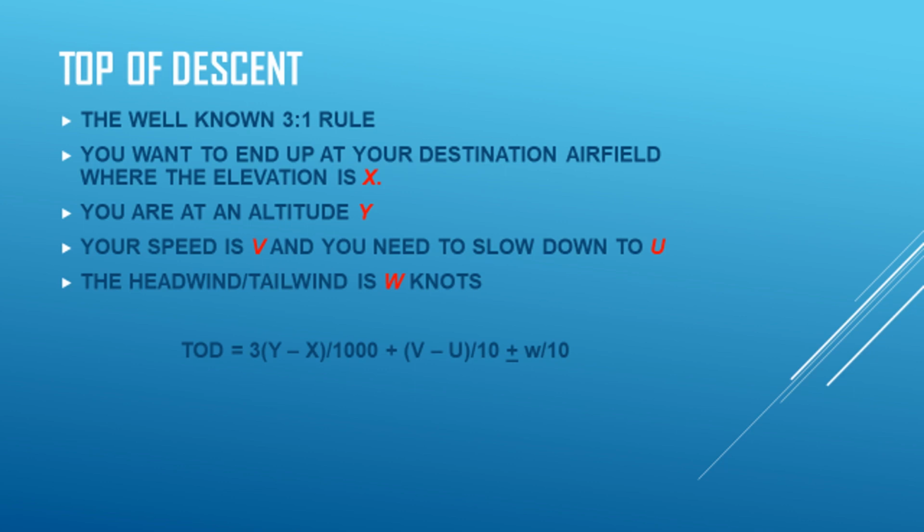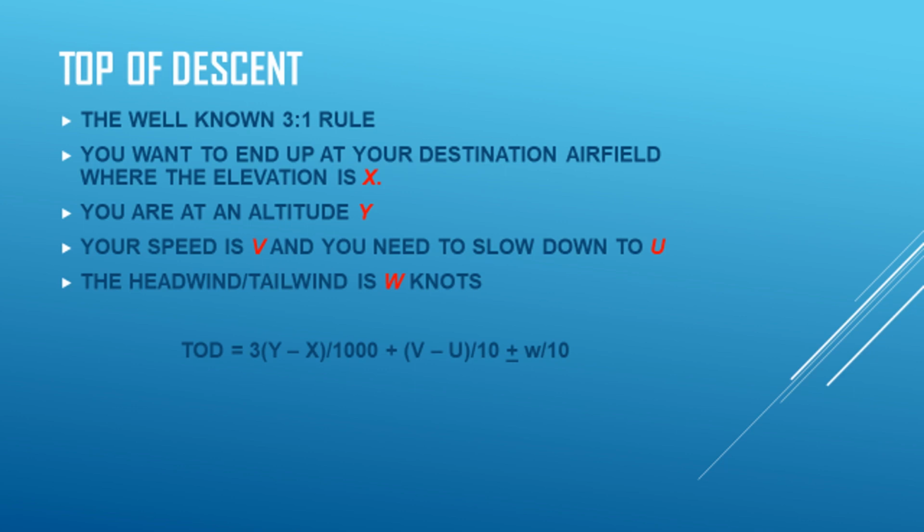So the formula is top of descent is equal to 3 multiplied by the difference in your altitude, plus you want to slow down from your speed of, let's say, 250 to 200, which is 50, divide by 10, which is going to give you 5, and plus or minus the headwind or tailwind, divide by 10 as well.